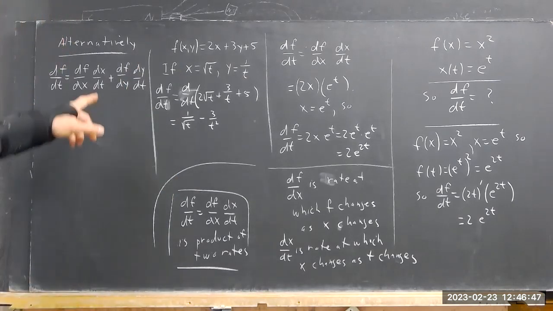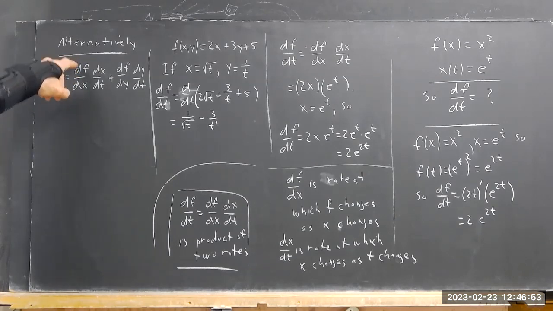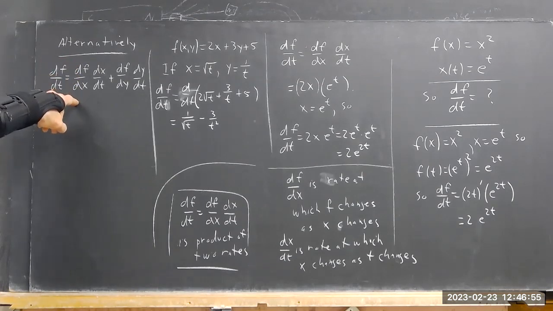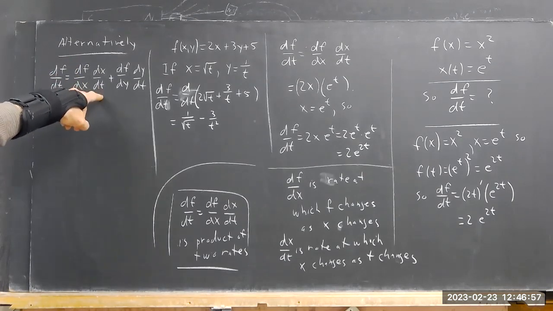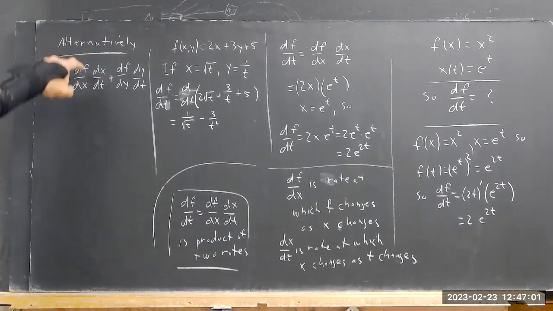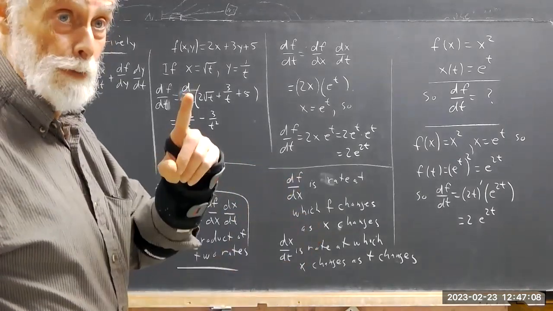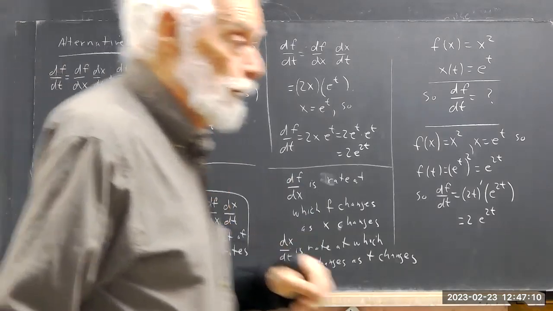Okay. x changes at a certain rate with respect to t. Then we multiply that by the rate at which f changes with respect to x, because t drives x to change, and x in turn drives f to change. Just as in the case with one variable.